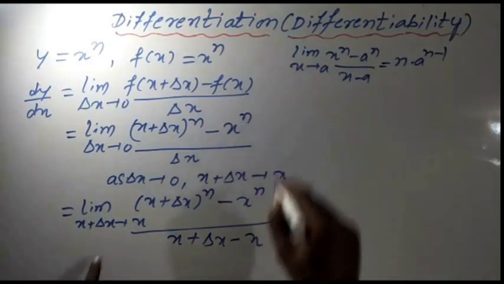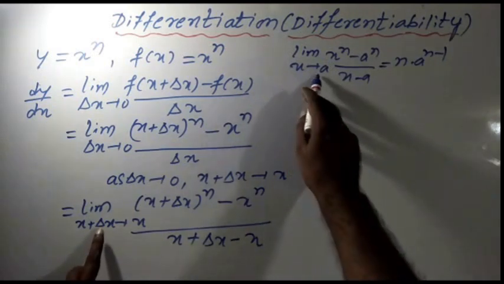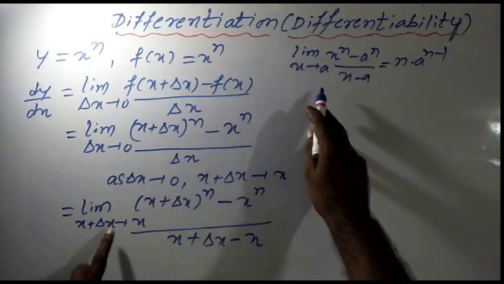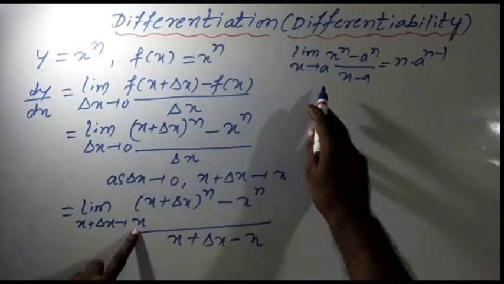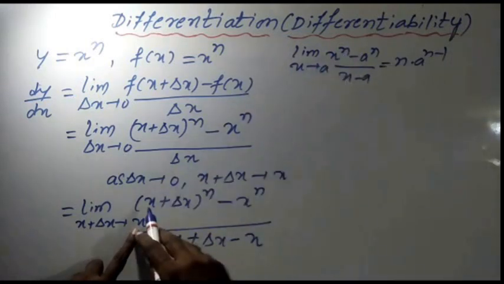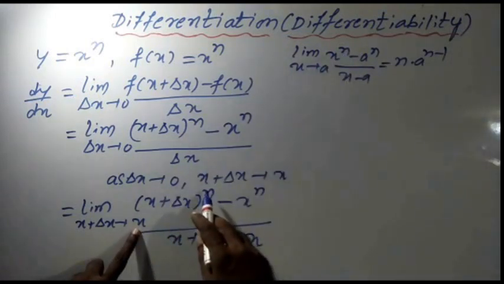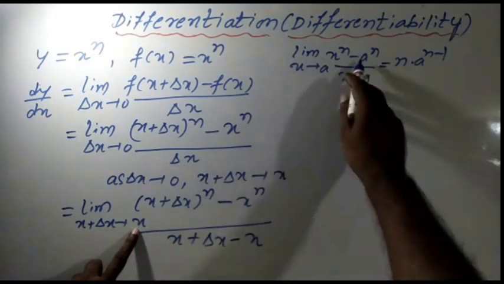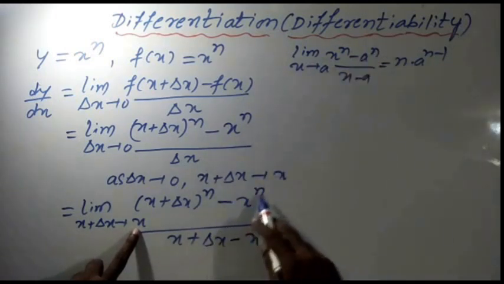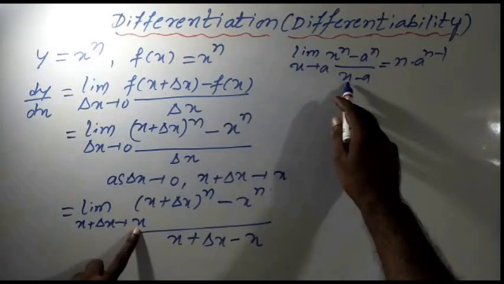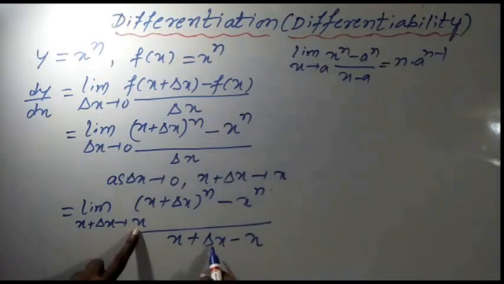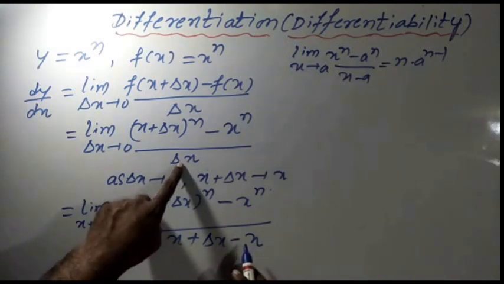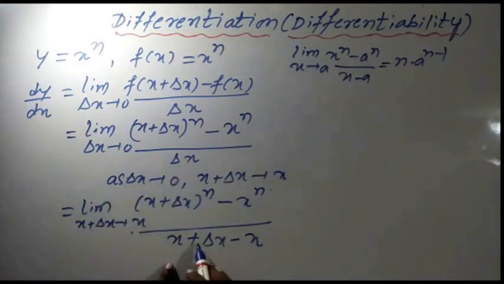Limit as x tends to a; here x plus delta x tends to x. Here x plus delta x to the power n minus a to the power n, here x to the power n, divided by x minus a, that is x plus delta x minus x. So delta x is represented as x plus delta x minus x.